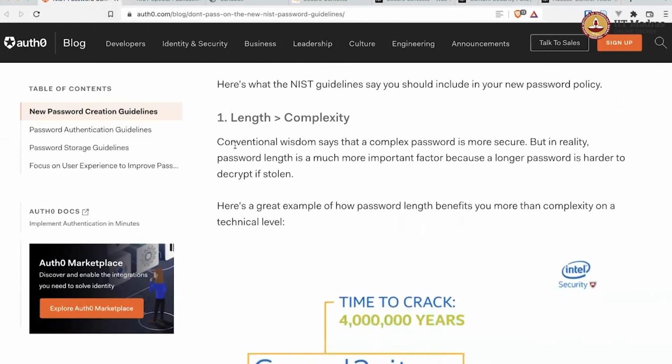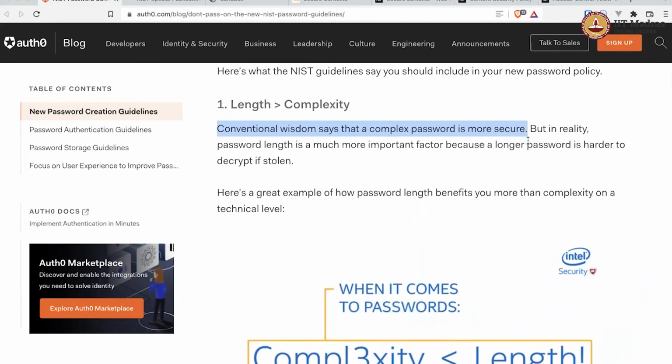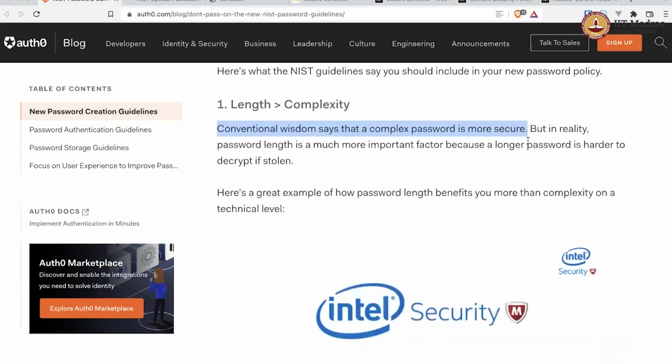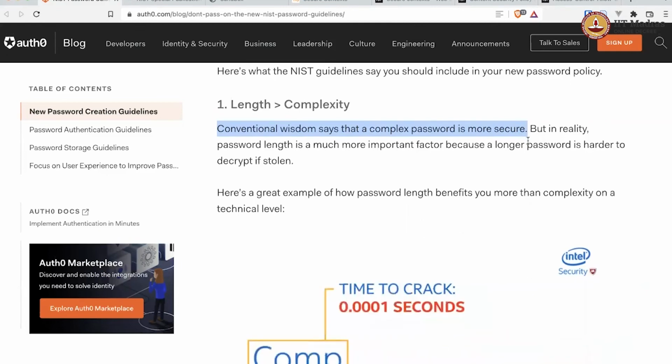Now, one of the things to keep in mind, for example, is the conventional wisdom, which says that a complex password is more secure, right? And what the NIST guideline says, that's basically not true, right? So when somebody says, use a password that has uppercase, lowercase, special character, numerical digit, at least 8 characters long, fine. 8 characters long is good.